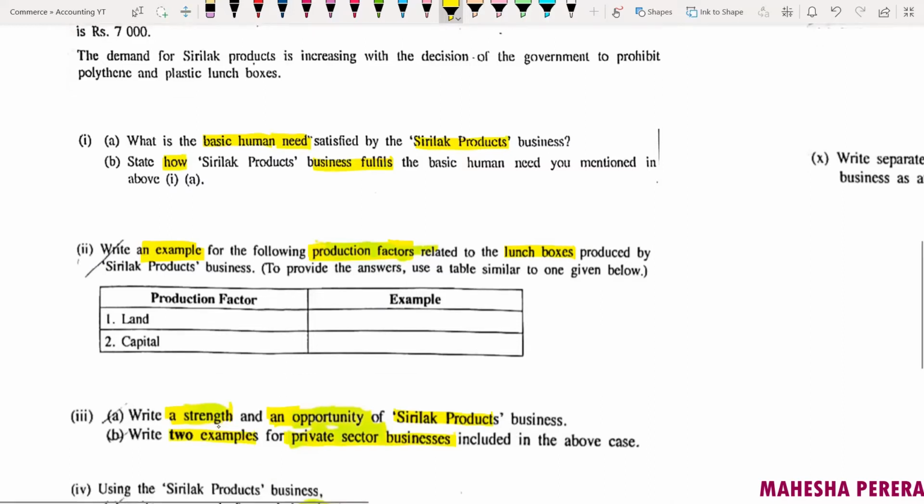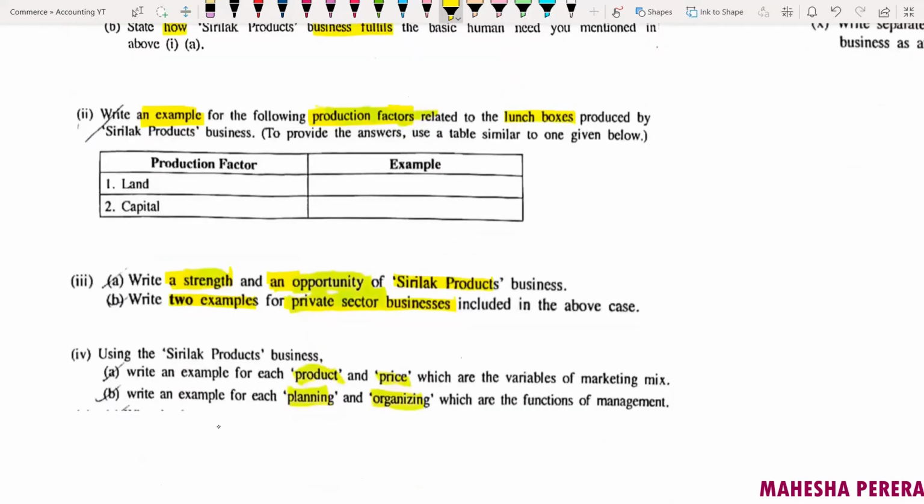And we have one more business studies question. Now, when it comes to case study questions, you are getting 4 business studies questions, 8 marks there.